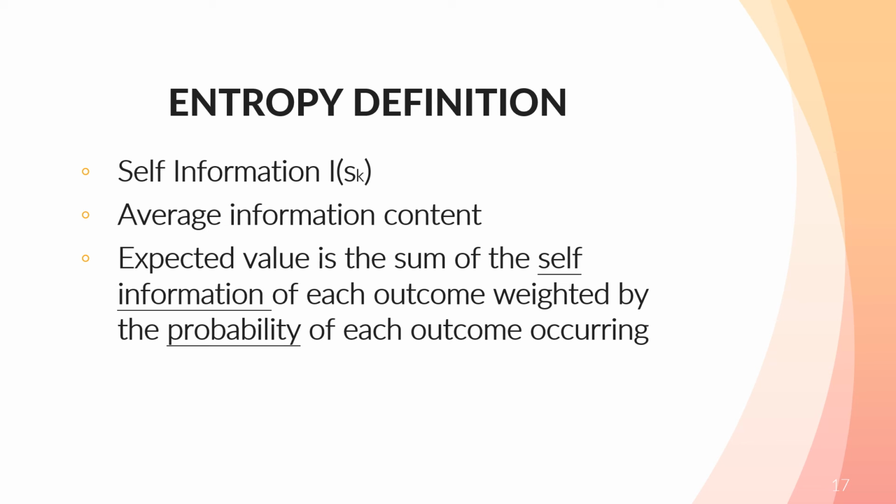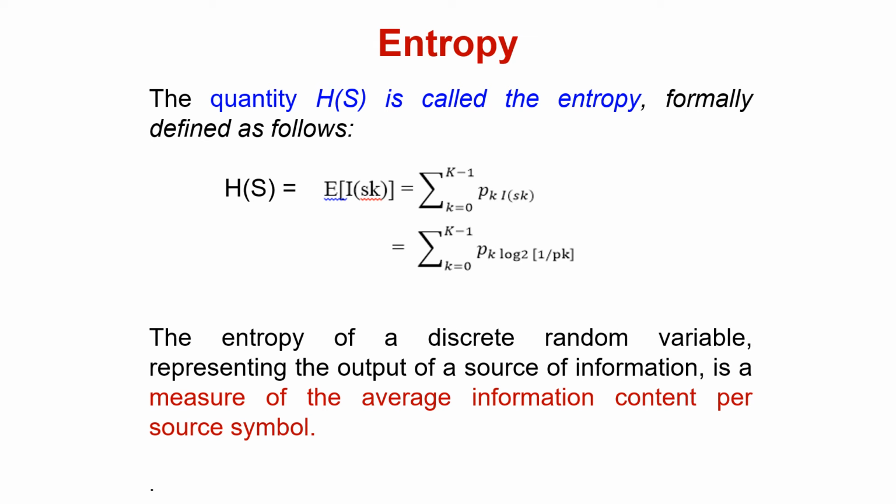That is, the quantity H(S) is mathematically represented by the summation of k equal to 0 to K minus 1 of pk I(sk), where I(sk), as we already know, is the information, log2(1/pk). So the entropy of a discrete random variable represents the output of a source of information, which is a measure of average information content per source symbol.